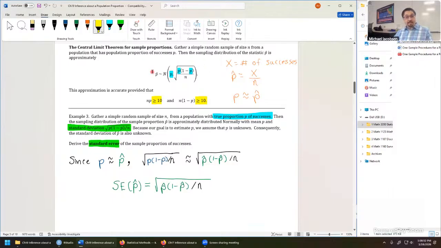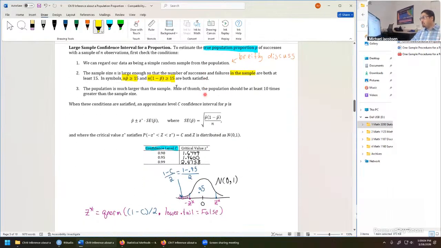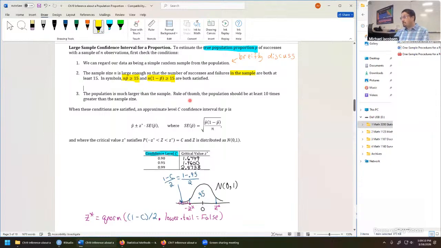This was already an estimate. It's an approximate sampling distribution. But if you don't know p and you're estimating it again with p hat, we have to go higher on the sample sizes. So the advice, which is pretty decent conservative advice in our textbook, is larger than 15 on both of these.